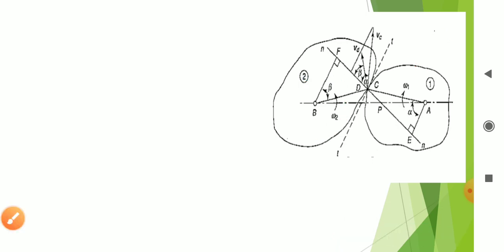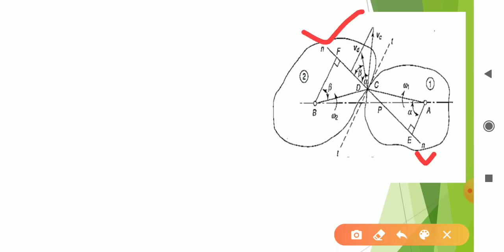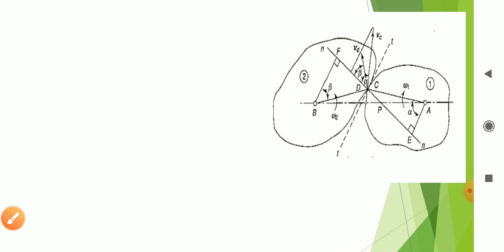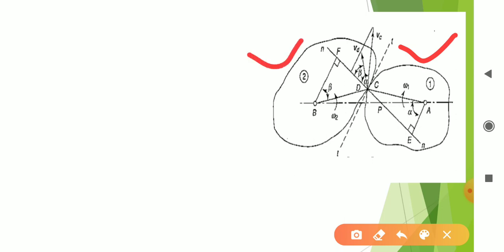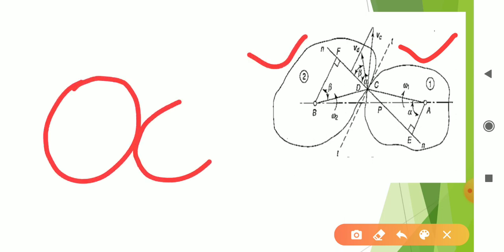Again, see here, this NN is nothing but what? Common normal passing through this point C and D. This C and D is nothing but what? Suppose this gear A or gear 1 and gear 2 are meshing with each other, and the common point of contact is nothing but what?